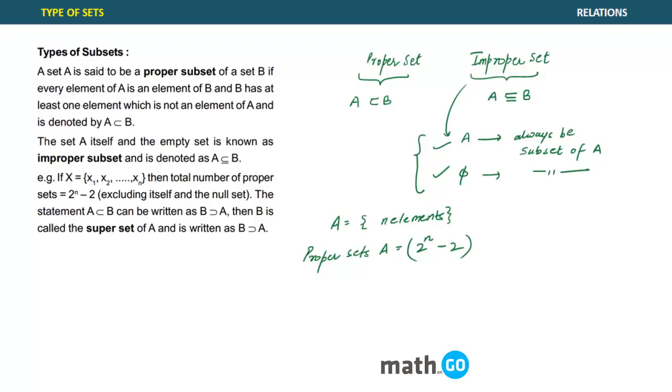The other term that you will also hear is superset, right? It is nothing but the opposite of subset. When I say A is a subset of B, the other way of saying it is that B is a superset of A. Internally they both work the same way. A is the subset of B or B is the superset of A. They are actually the same terms.